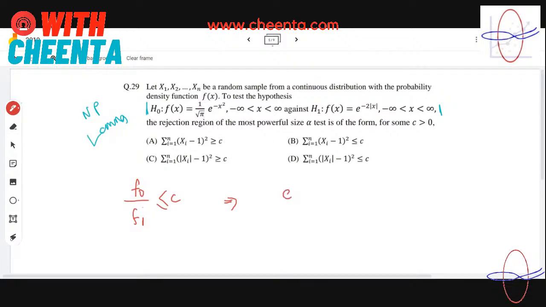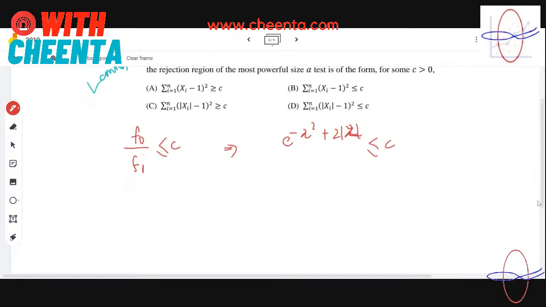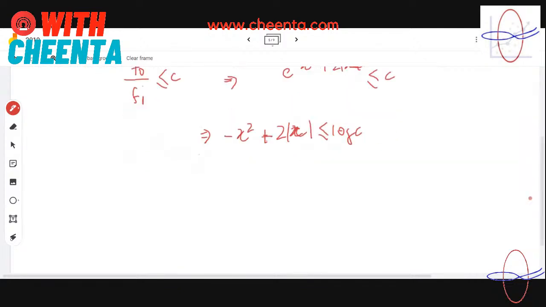some constant times e to the power minus x square plus twice mod x is less than or equal to C. And you take log, therefore minus x square plus twice mod x is less than or equal to log of C. And therefore x square minus twice mod x is greater than or equal to C dash, say.